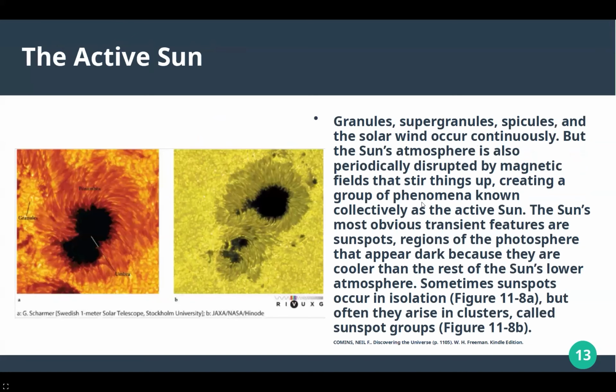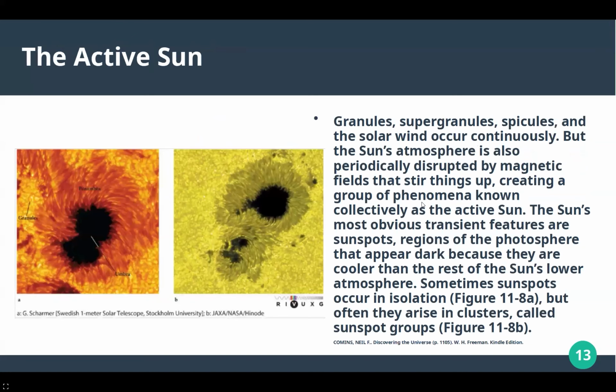Granules, supergranules, spicules, and the solar wind occur continuously, but the sun's atmosphere is also periodically disrupted by magnetic fields that stir things up, creating a group of phenomena collectively known as the active sun. The sun's most obvious transient features are sunspots, regions of the photosphere that appear dark because they are cooler than the rest of the sun's lower atmosphere.